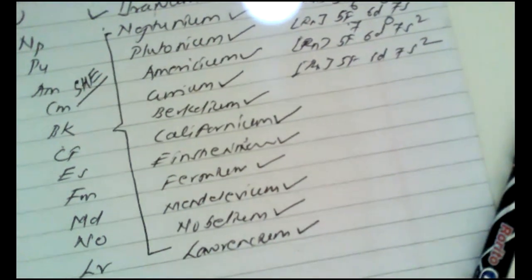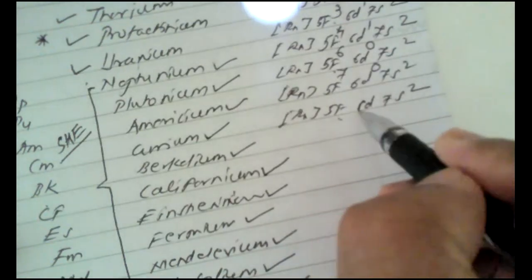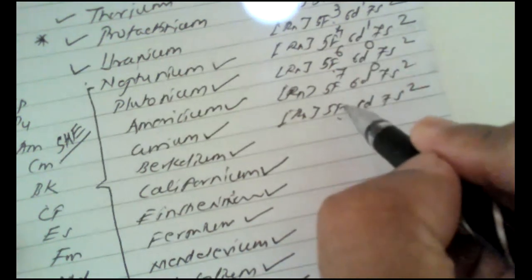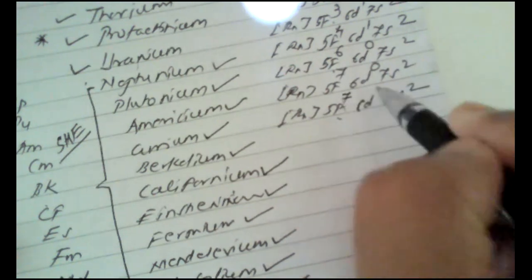It should be 6d0, but again, one rule states that completely half-filled and completely filled orbitals have extra stability, and because the energy gap between 5f and 6d is very small, according to this sequence it should be 5f8, but it becomes 5f7. One of the electrons is exchanged with 6d. So this is an extra stable electronic subshell at curium, atom number 96.